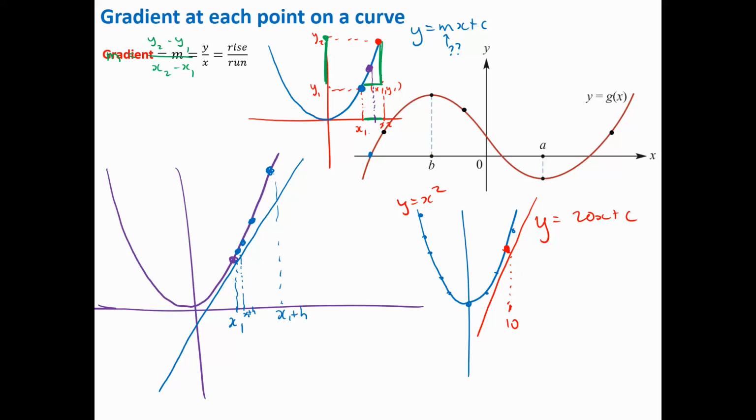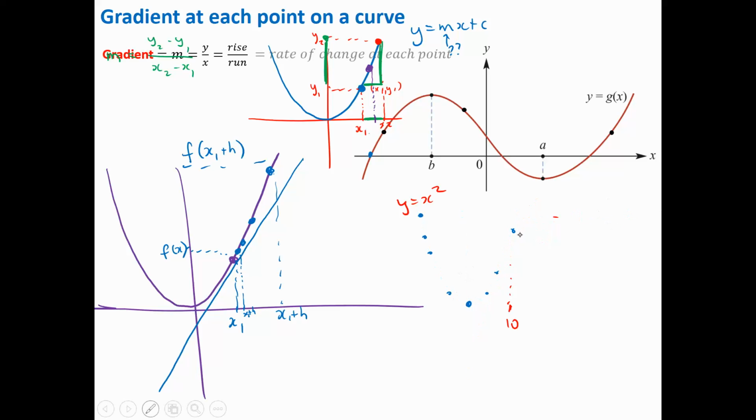Yeah? And so if I went with this idea, if this is x1 plus h, then you get f of x1 plus h to find out the y value. And then if you want the coordinate for x here, that would be f of x. This is why last year, when you learned first principles, this is what you guys did.